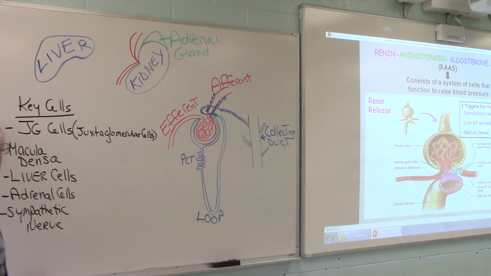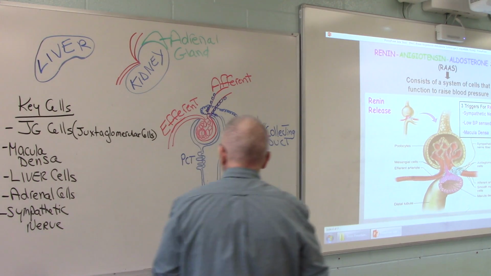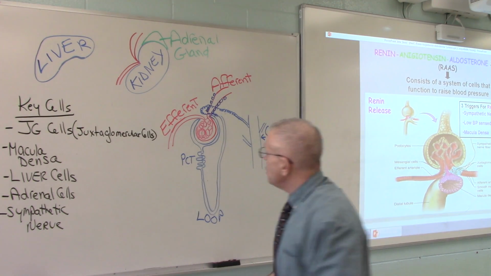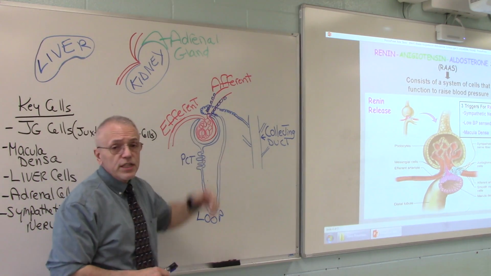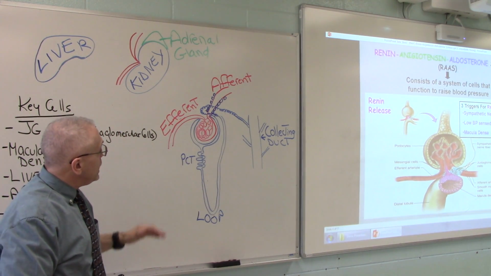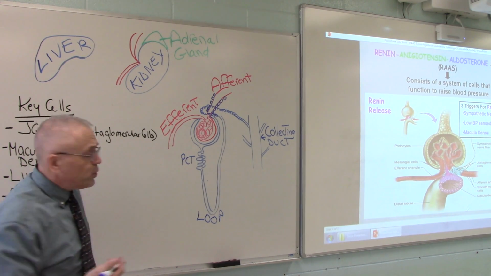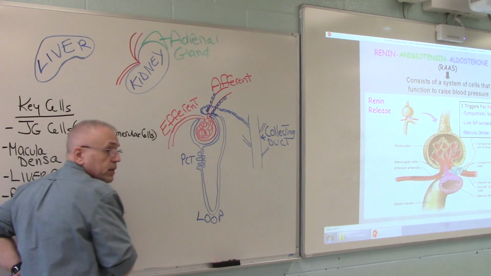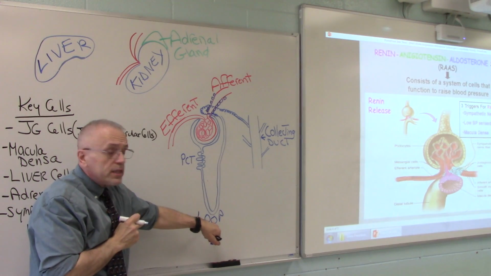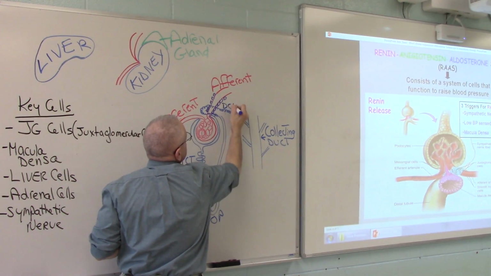Okay? The second key cell is the macula densa cells. Macula densa cells are located nearby, actually nearby to the JG cells, and they're located in part of the tubule. The renal tubule includes the proximal convoluted tubule, the loop of Henle, and the distal convoluted tubule, the DCT.